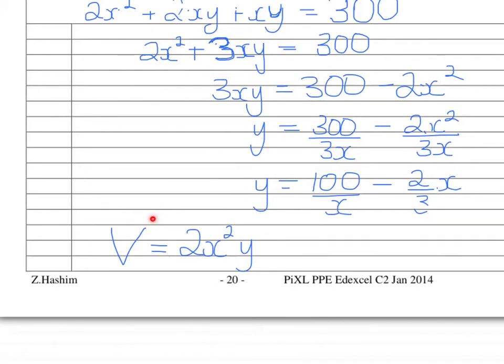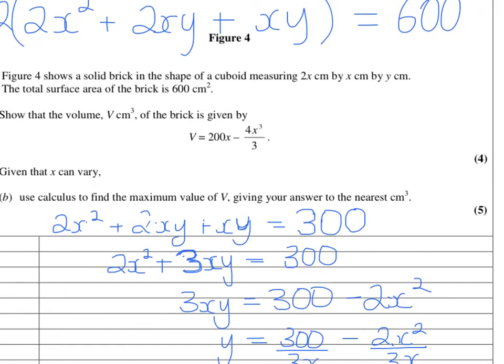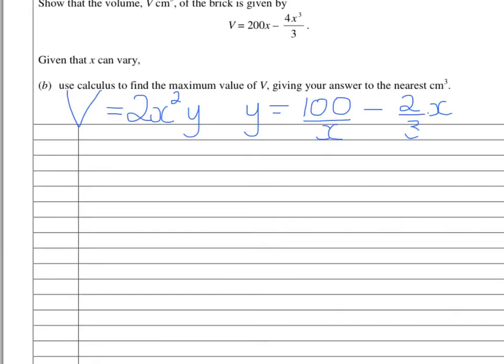This should tell you at this point that you want to be losing that y, because there's no y in here. So you want to be getting rid of that. That's why we want to substitute y with something in terms of x. So now I'll carry out the substitution.